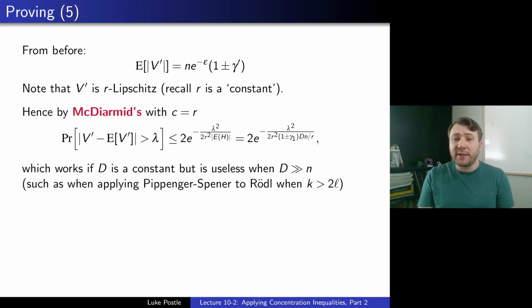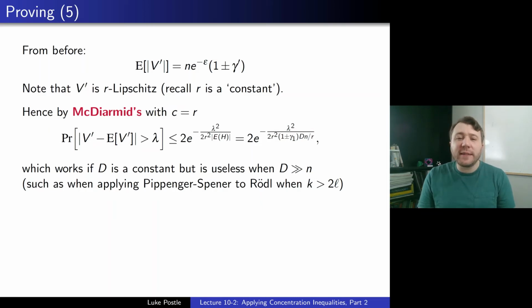So if the number of edges is much larger. And that could actually happen in the applications, such as when applying Pippenger-Spencer to Rödl's theorem when k is greater than 2l. If you look at that auxiliary hypergraph, it turns out the degree actually could be much larger there, as we're dealing with hypergraphs. So we actually need to do a bit better to rigorously prove this, not just for constant d, but for larger d.